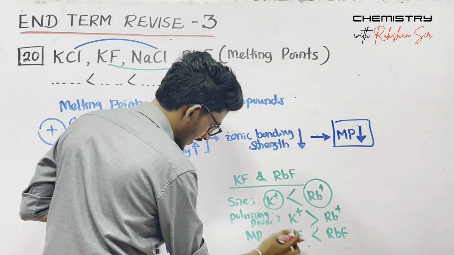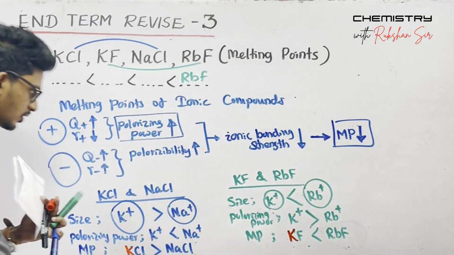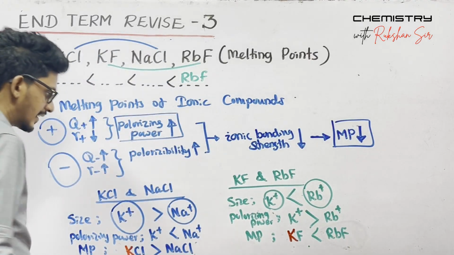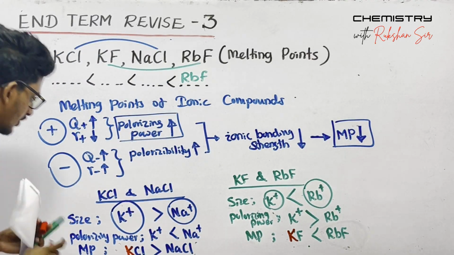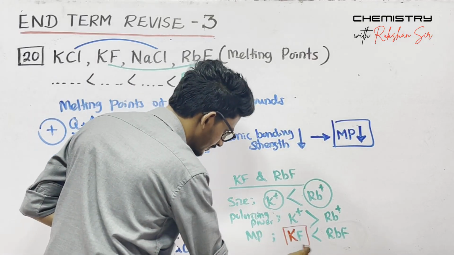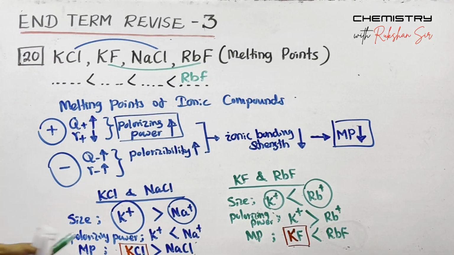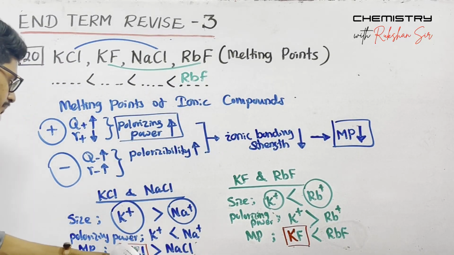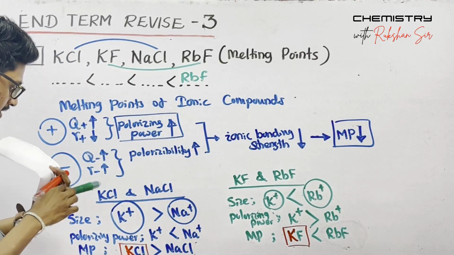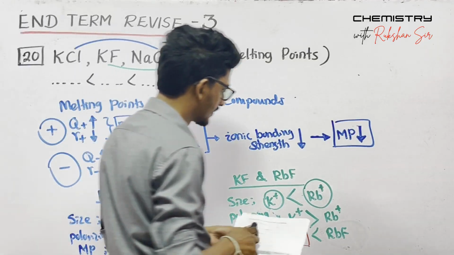You have the K here as well as K here. So out of those two, the KCl and the KF, if you consider these two, the cation is the same. You can compare the anion, right?